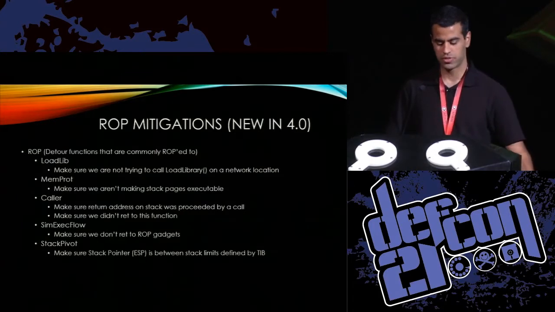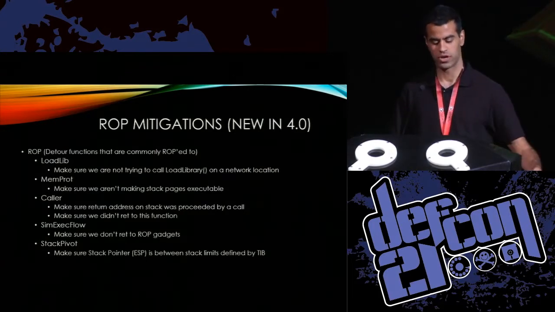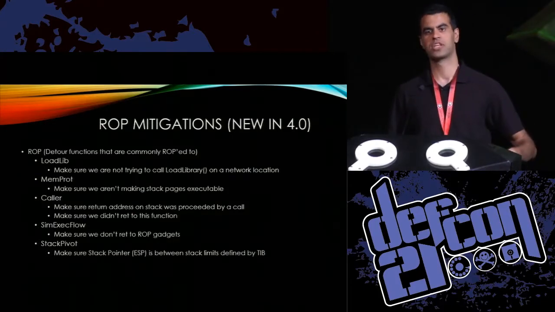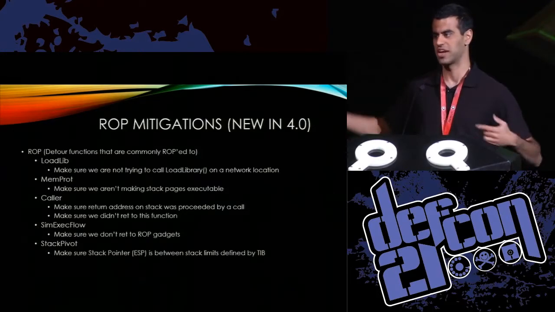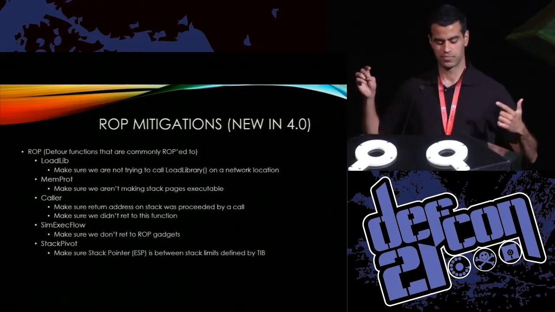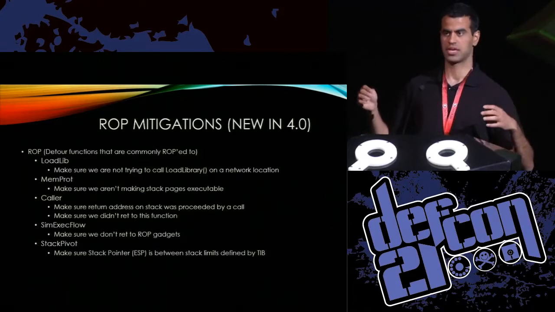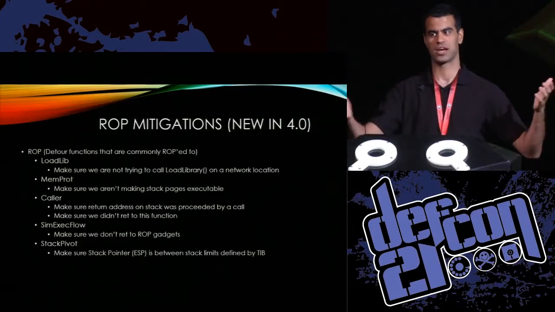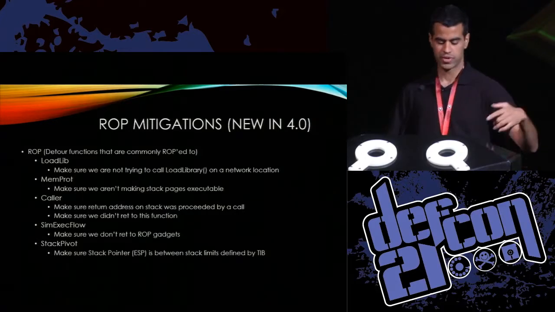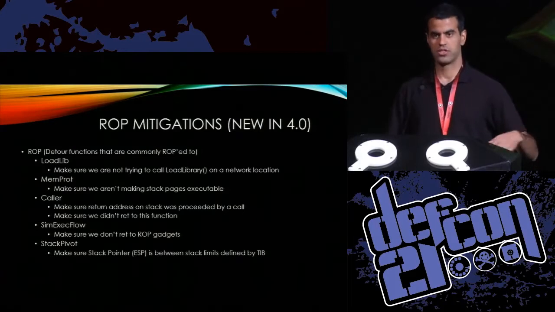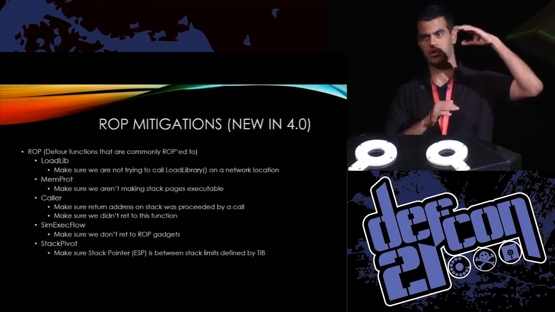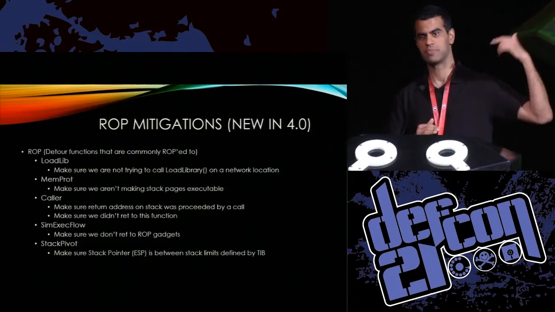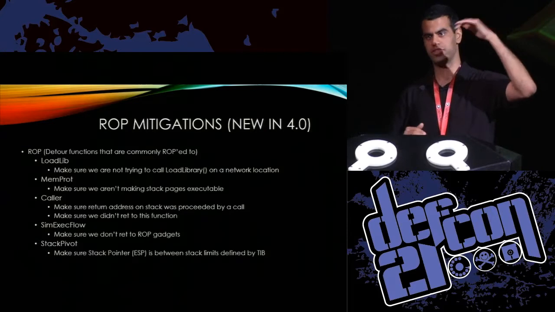Okay, so some of the ROP mitigations, these are new in 4.0 from 3.0, include the LoadLibrary mitigation, which is basically to make sure you're not loading DLLs from like network shares, because that's kind of creepy. The memory protection, where we make sure you're not making stack pages executable, because as you guys know, stack pages are supposed to be data, so read and write, not execute. The caller mitigation, where we make sure that the return address of the current frame points to a location that's preceded by a call instruction which calls this function.